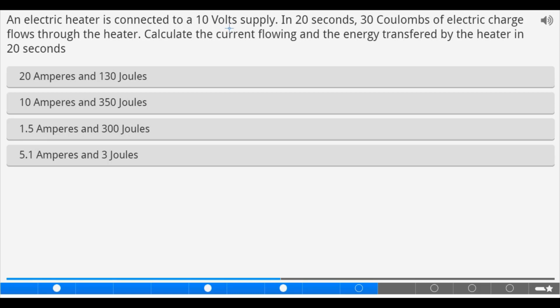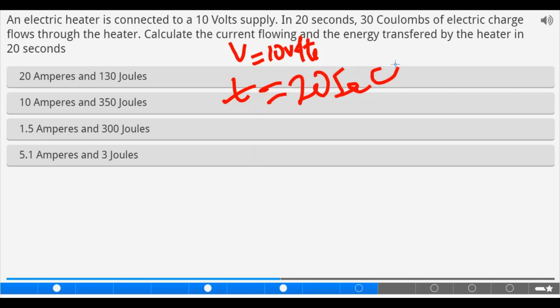We have 10 volts, that's our V. We also have T to be 20 seconds. We have Q, either capital Q or small q, to be 30 coulombs. And we have to calculate the current flowing.